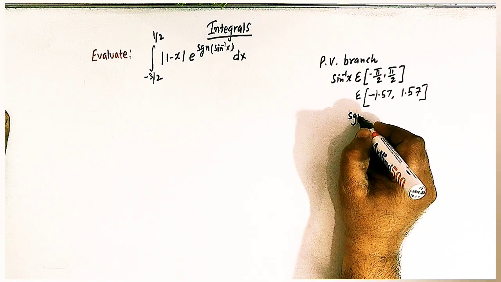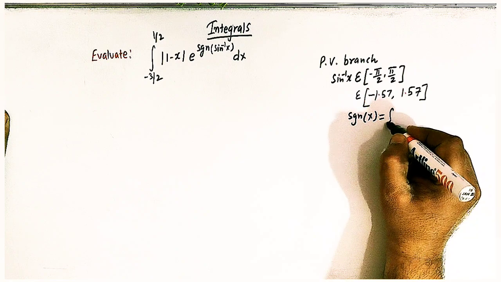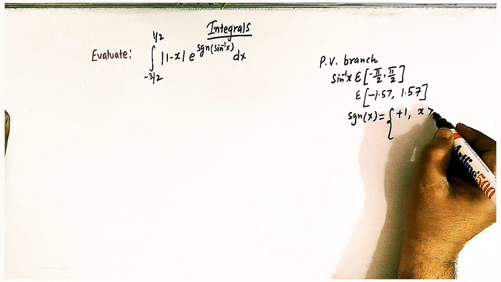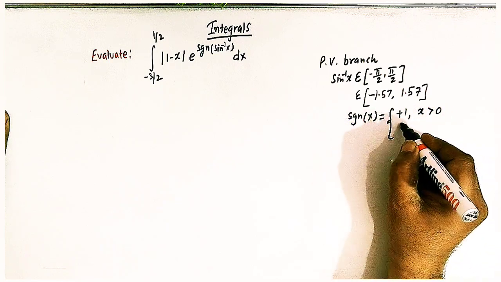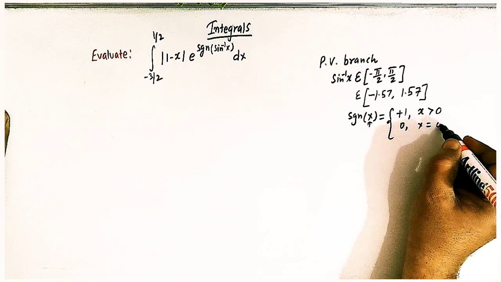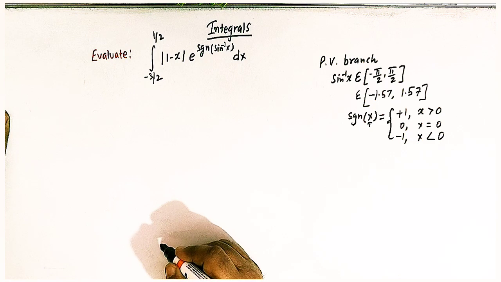Okay, now let us quickly see the definition of signum function. Signum of x is given by plus 1 whenever x is greater than 0, signum of x is 0 whenever x is equal to 0, and signum of x is minus 1 whenever x is less than 0, right?